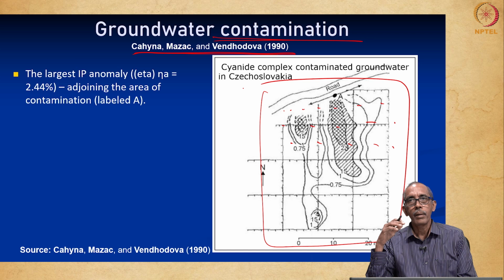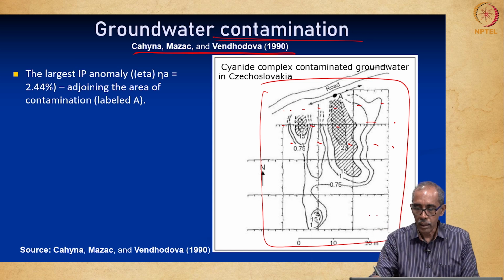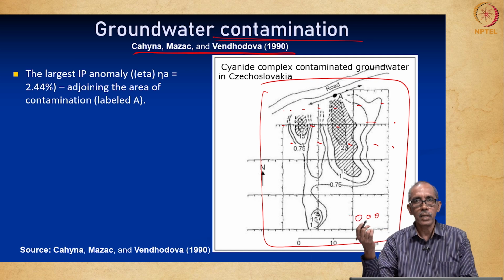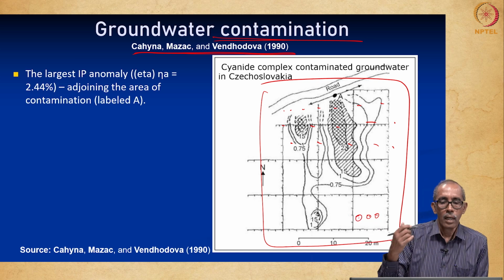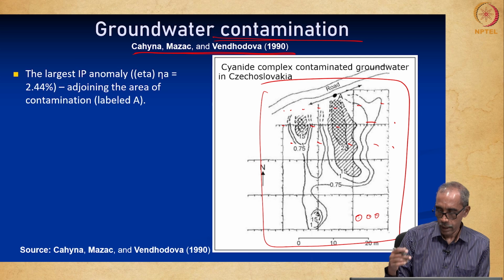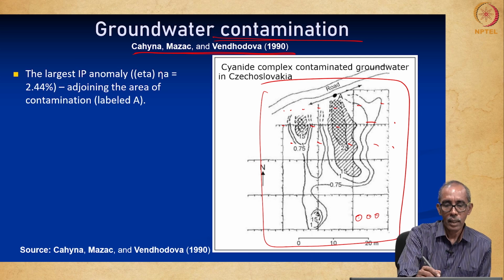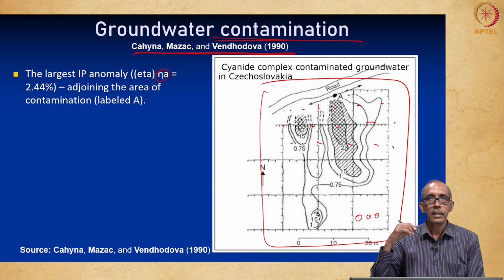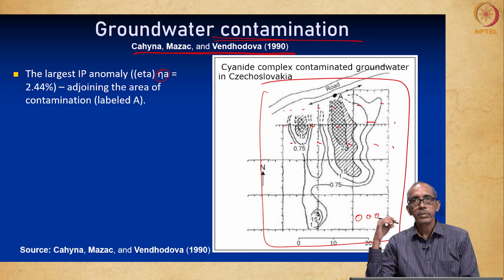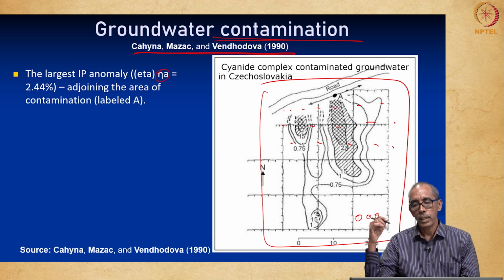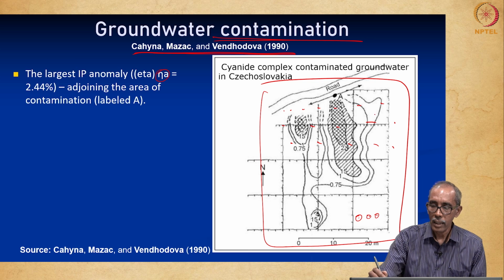After having completed the work, at different locations I have the value of, let us say, chargeability, right. Here they have used the same chargeability which we had seen previously, that is given as eta A in terms of percent, that is percent chargeability was estimated at different locations.